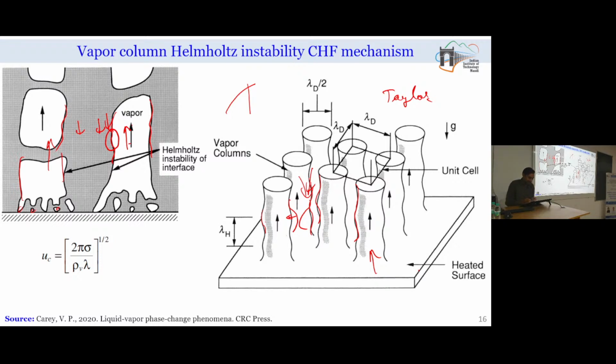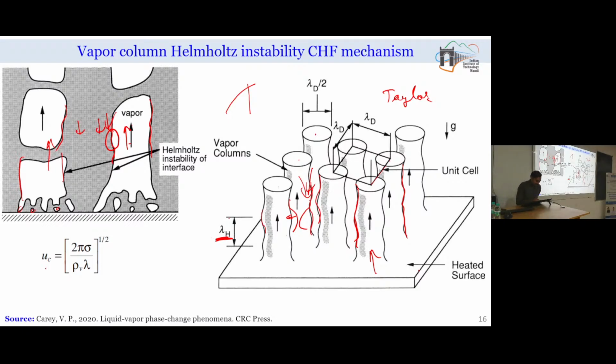Once from the Taylor instability we were able to find the locations where these vapor columns are forming, then we need to decide, whatever these waves are growing, say lambda h is this wavelength, what is the critical velocity of the vapor column at which these waves will become unstable and merge with each other. Then our liquid will not reach and we will be entering into the transition and film boiling regime. So, it means our critical heat flux condition will be immediately reached.